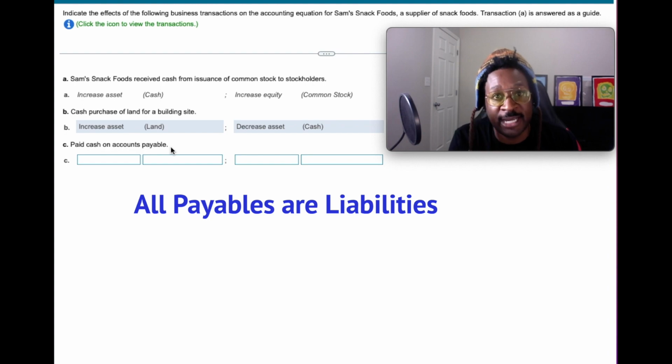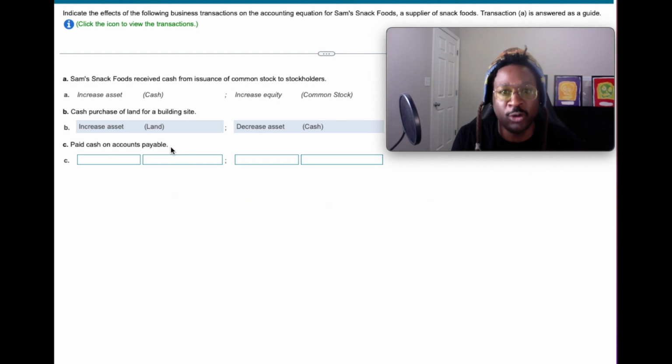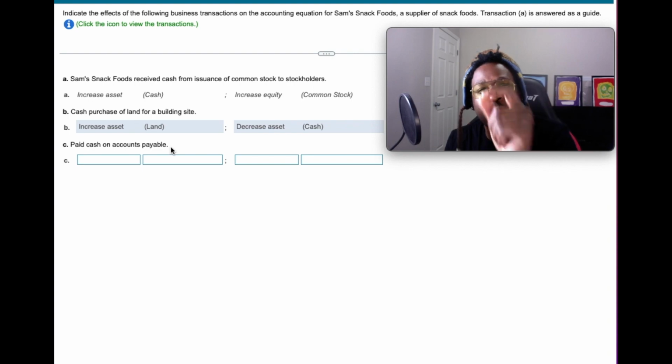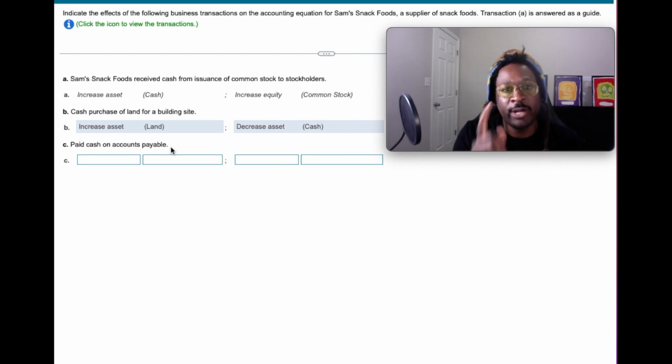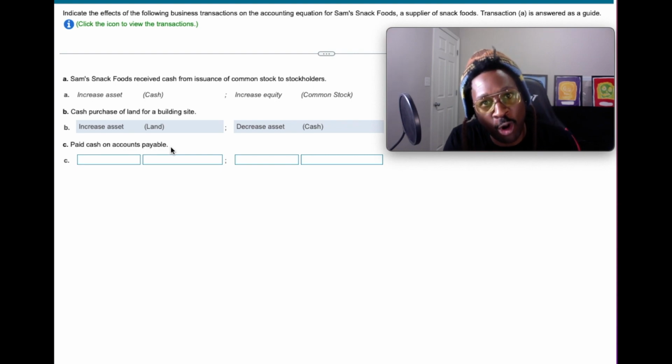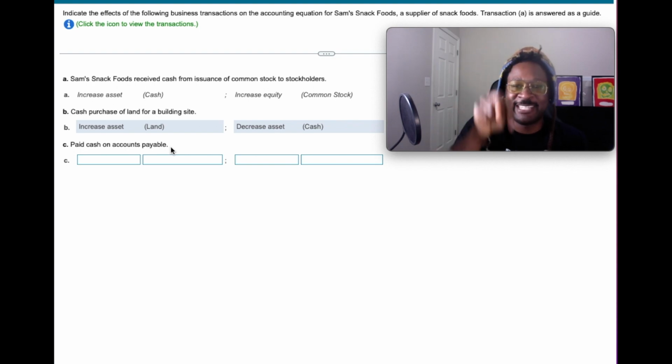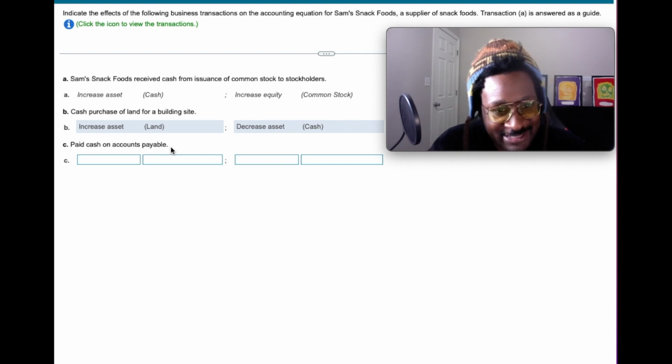All payables are liabilities, which means that the company owes someone outside of that particular established corporation. So we paid cash on our accounts payable. So what happened to that liability once cash was paid on it? That liability, that amount owed, that accounts payable should do what? Go down.